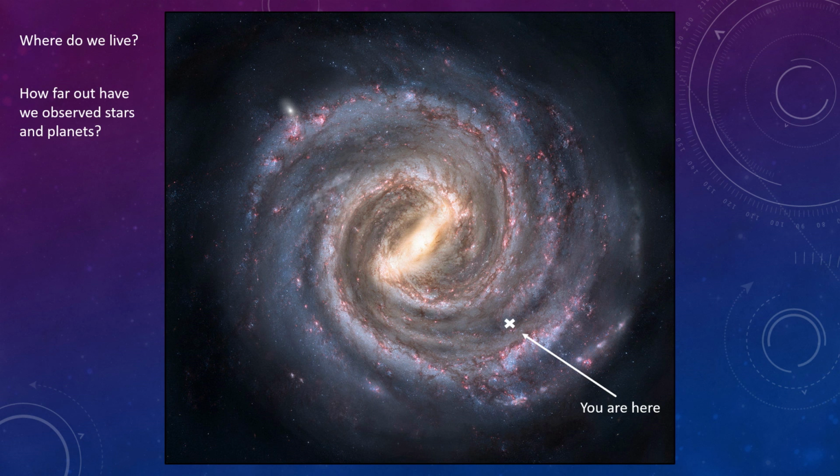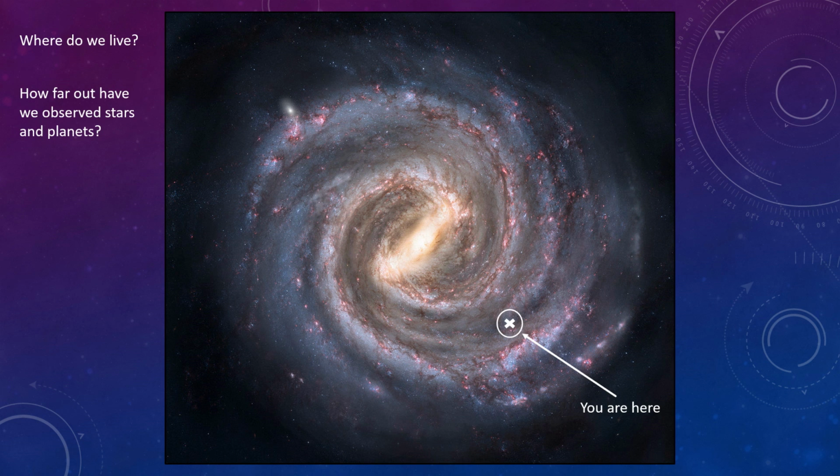Another question is, how far out have we observed stars and planets? We've been surveying and scanning the heavens for so long now, relatively speaking, on a human time scale. We've been looking out to the skies for so long, and we've been studying the stars and everything. So a good question, I guess you could ask is, well, how far out have we observed, right? We must have seen far if we've been doing it for so long, right?